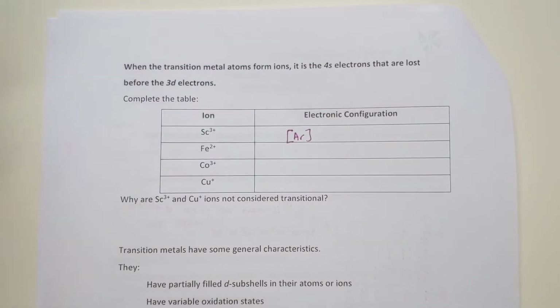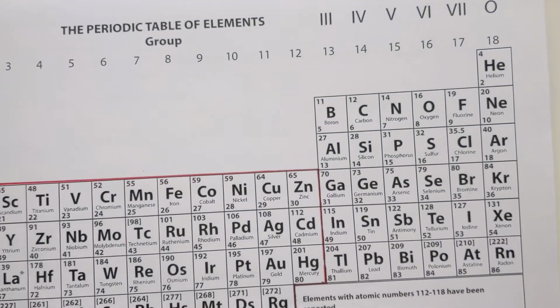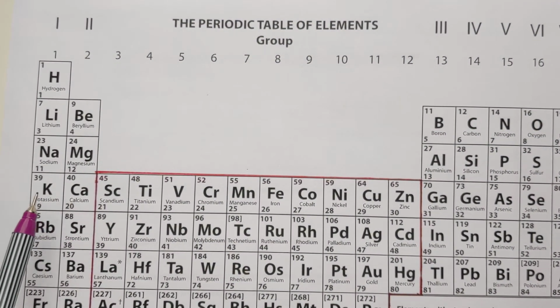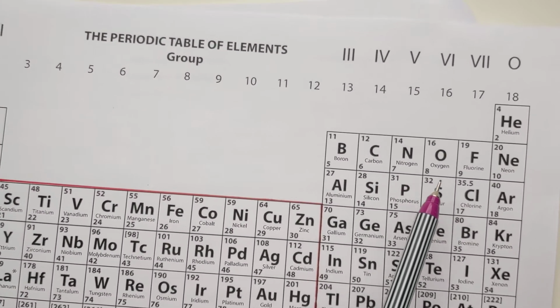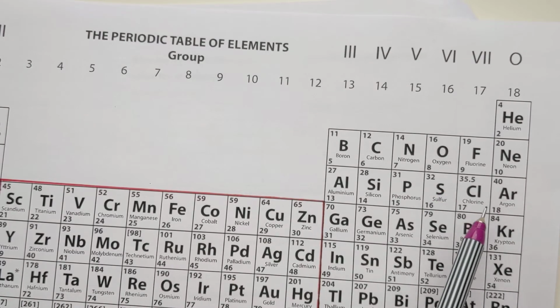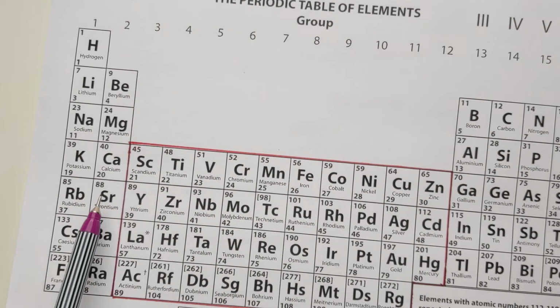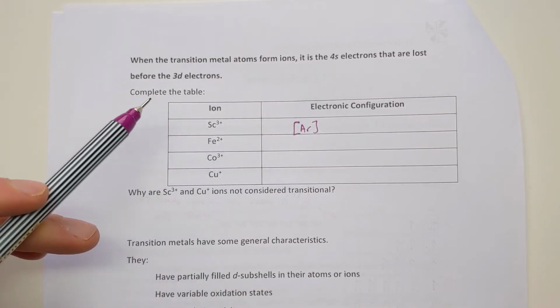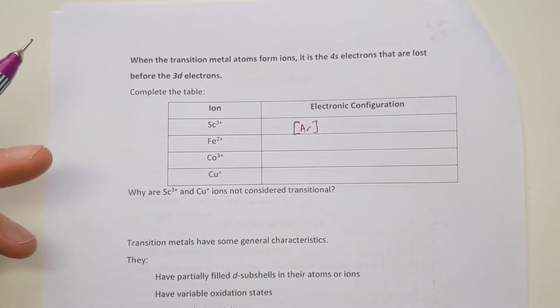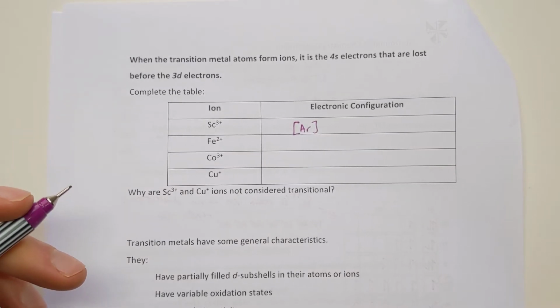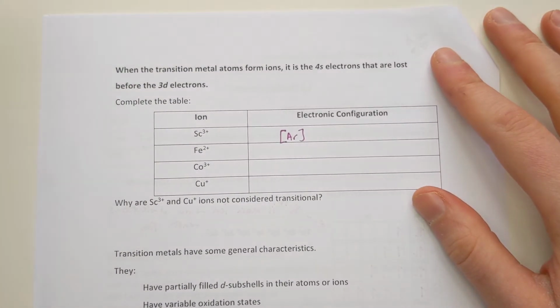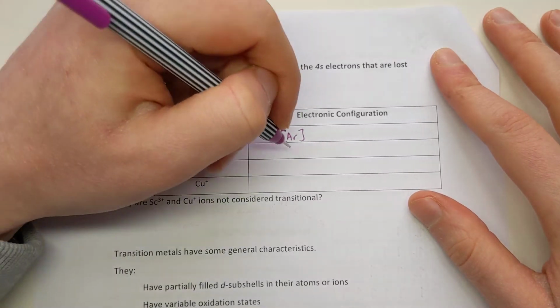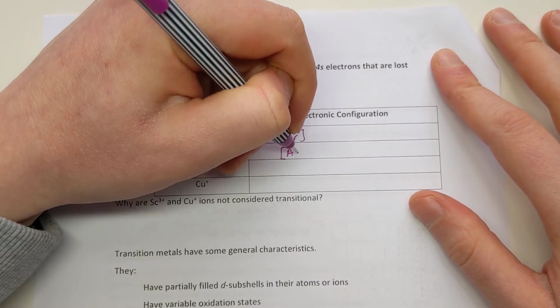If we look at the closest noble gas before we get to calcium, potassium, the previous noble gas is argon, so I can use that wee shorthand of the argon configuration and just add on my electrons to it. So scandium 3+ has removed both the 4s and the 3d, therefore it does have that argon configuration. Fe2+, it's 4s2 3d6, taking away 2 electrons, we'll just leave it with 3d6.